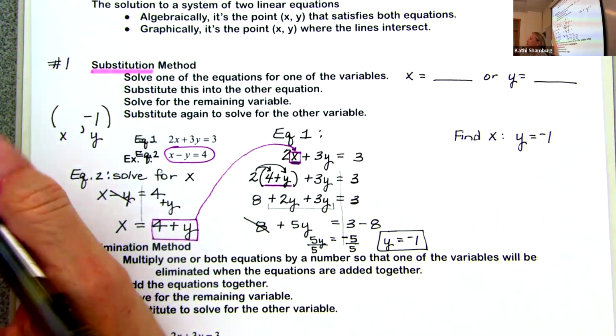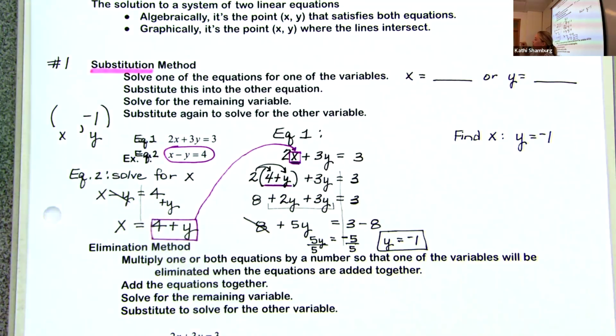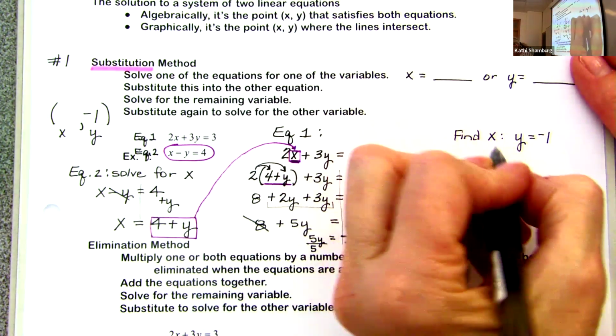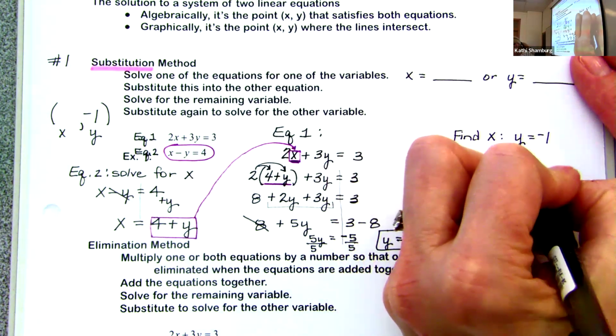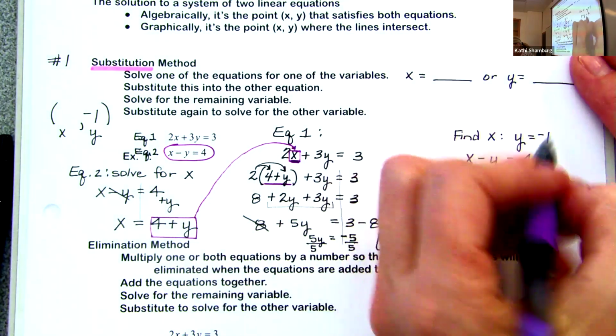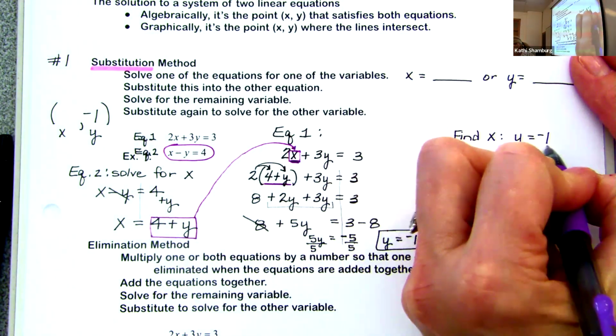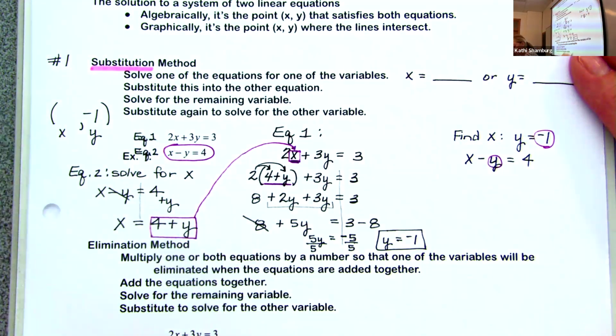It doesn't matter. Since these intersect, that ordered pair satisfies both equations. So you can choose the first equation or the second. Just because the second looks to have fewer numbers and maybe less work, I'm going to choose x minus y equals 4, and in place of y, I'm going to put -1.